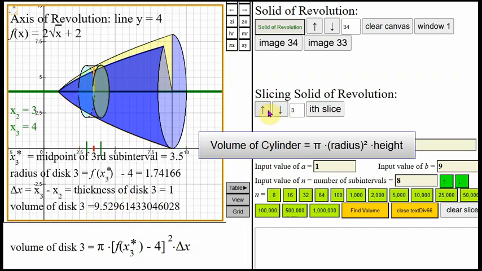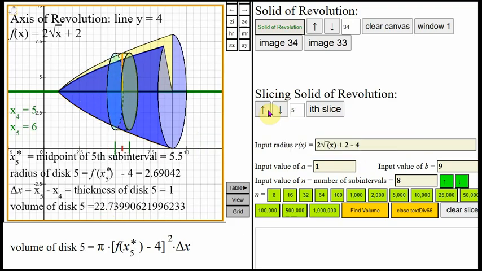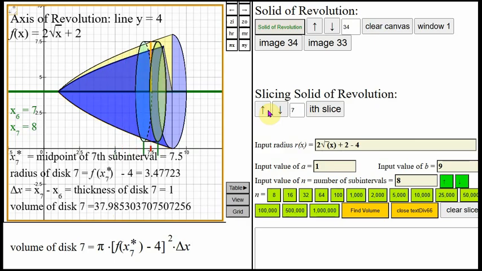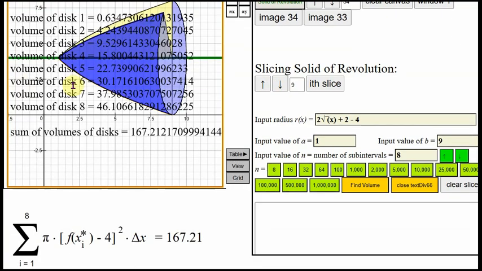And then here is the cylinder for slice number 3, number 4, number 5, number 6, number 7, number 8. And when we add the volumes of the 8 cylinders together, we'll get 167.2121.